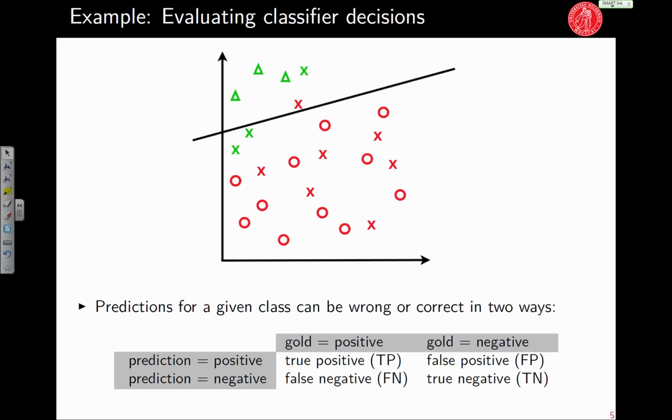So we can color them: the ones in red are actually non-spam, and the ones in green are spam. You can immediately see that our classifier has made mistakes. One non-spam email was classified as spam because it occurred above the decision boundary, and two spam emails were not classified as spam because they occurred within the region that our decision boundary classifies as non-spam.